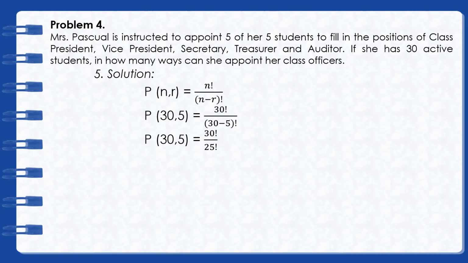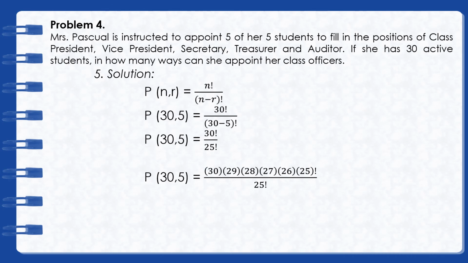We can now have 30 multiplied by 29 multiplied by 28 multiplied by 27 multiplied by 26 multiplied by 25 factorial.